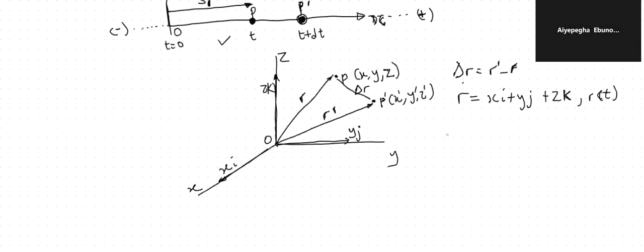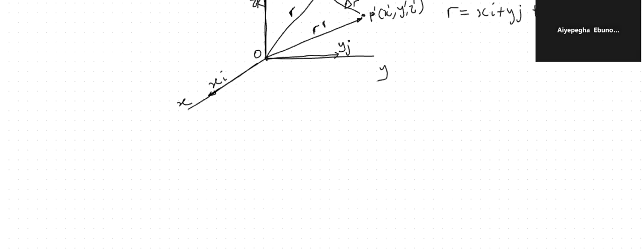We're going to talk about displacement. So what's displacement? Displacement of a particle, of course, we are still using one particle.